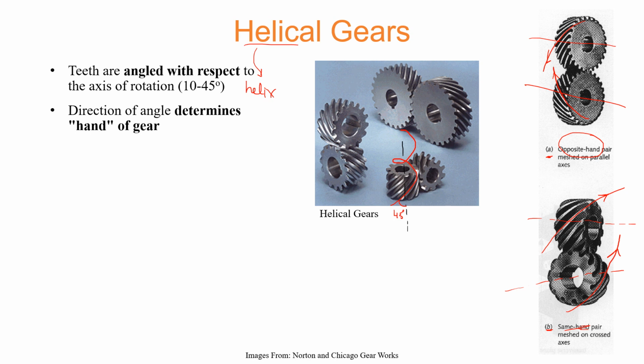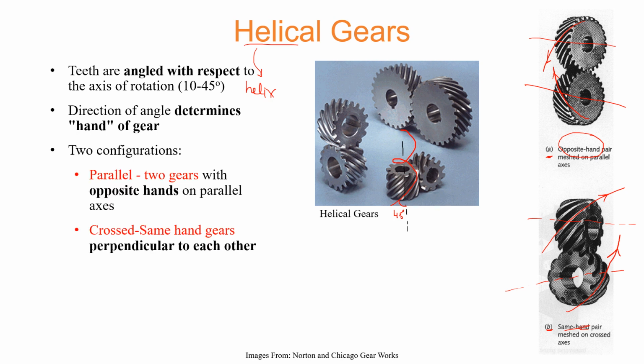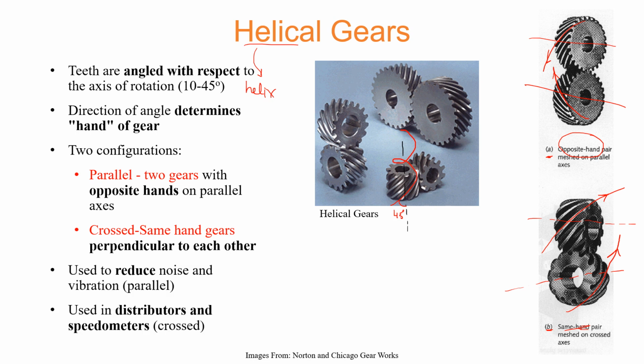It can do transmission at 90 degrees apart. So with this realization that you can have the opposite as well as the same hand pairs, you can have different orientations.